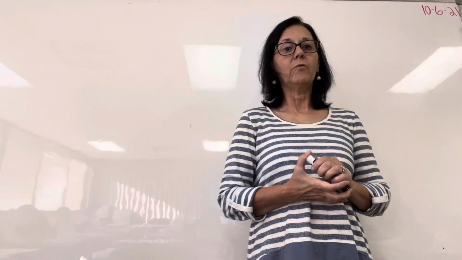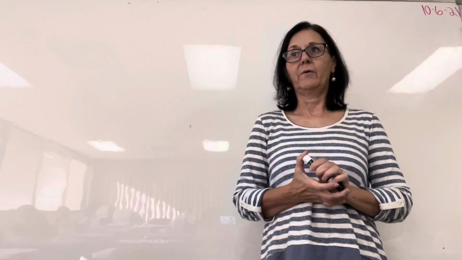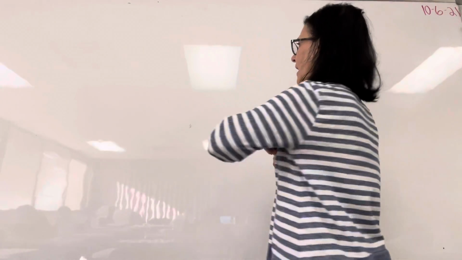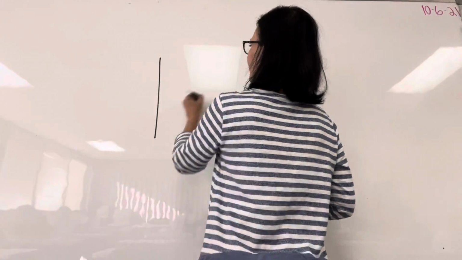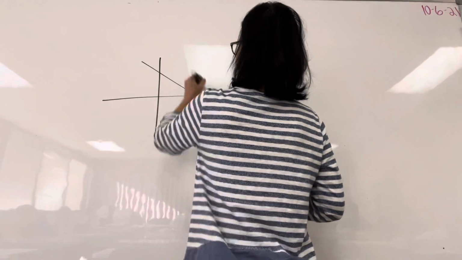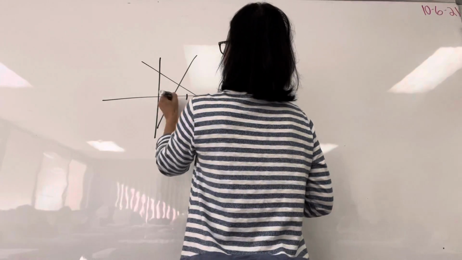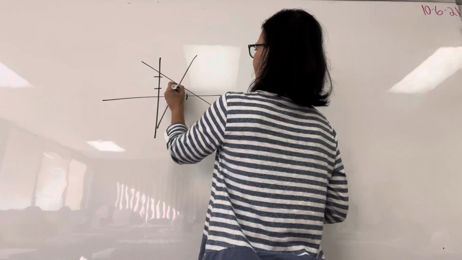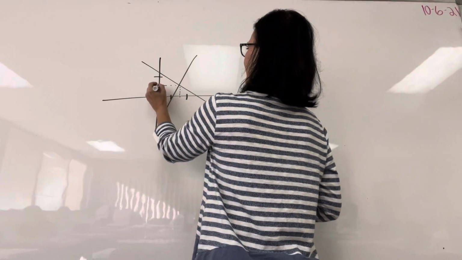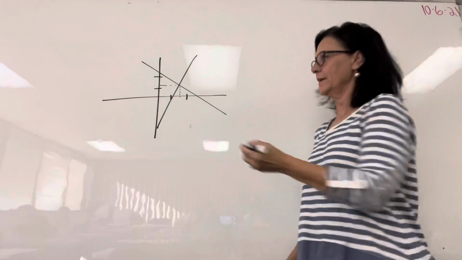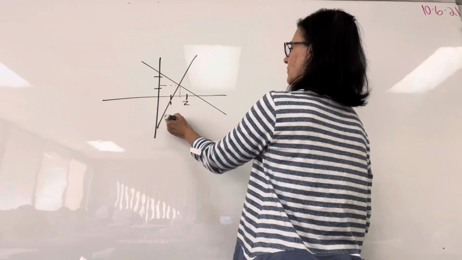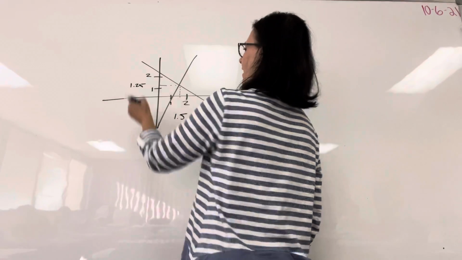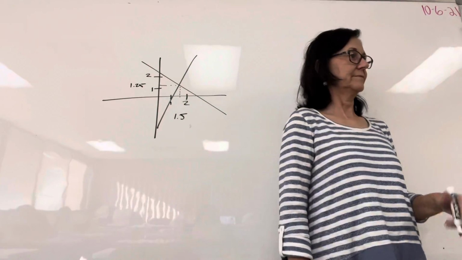Okay, I never want you to solve a system of equations by graphing. Because what if the intersection is here? Do I want you guessing what is between 1 and 2? Do I want you, like, that's 1.5, that's 1.25? No, I don't.